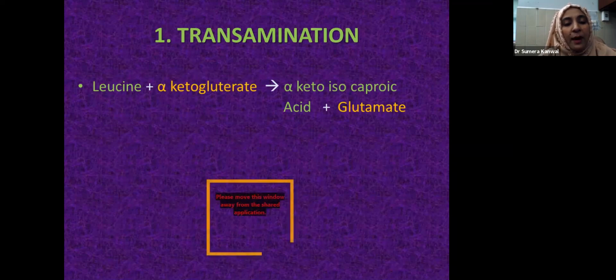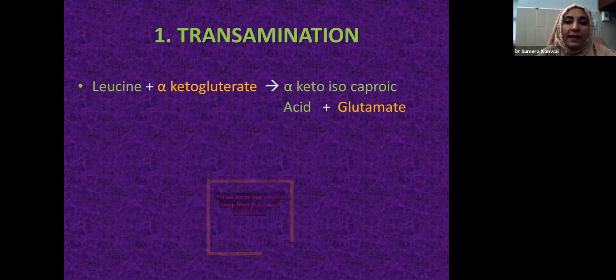Leucine, when it combines with alpha ketoglutarate in the presence of the enzyme transaminase, branched chain transaminase or leucine transaminase, becomes its respective keto acid, which is alpha keto isocaproic acid, and alpha ketoglutarate converts into glutamate. So the first reaction is the transamination. Leucine converts into its alpha keto acid, which is alpha keto isocaproic acid.